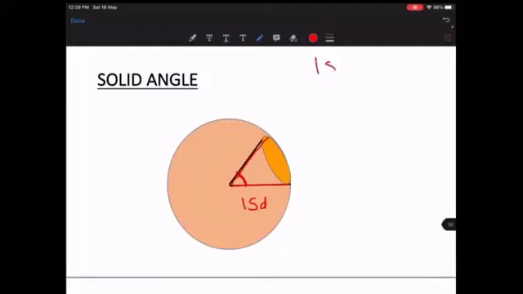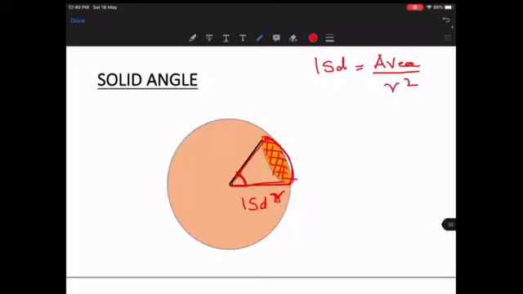So what is the formula for 1 steradian? You can write it as the area, and the area I'm talking about is the curved area here, divided by the square of the arm. If I consider this arm to be R, then the formula for 1 steradian will be the area of the surface divided by R square.